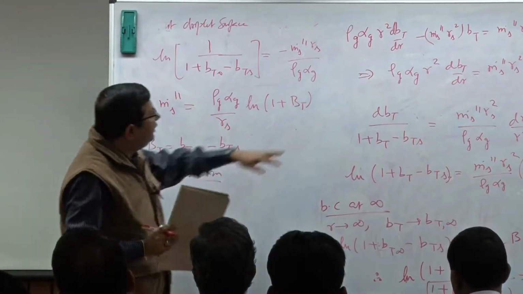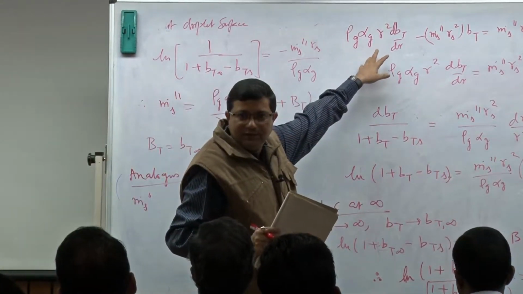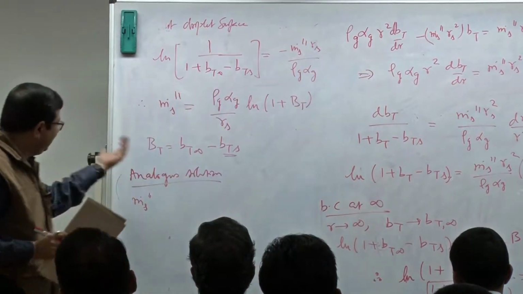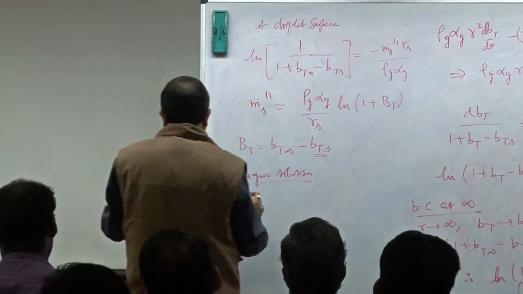We look at the analogous solution. As we recall, we had a very similar expression for the mass flux. The boundary conditions were the same, so we are just putting that in; we do not have to solve it again.